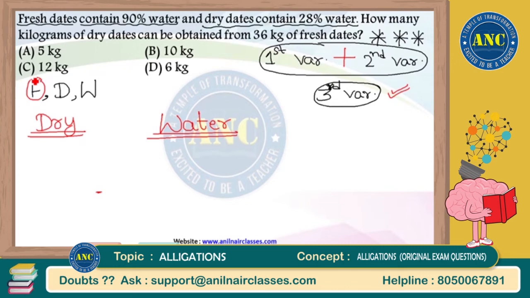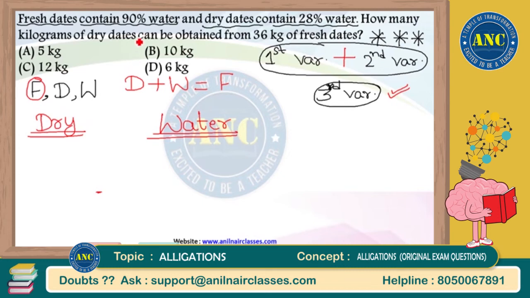And some day, after so much effort and patience, that dry land will become fresh land, which is called cultivating land. I hope you are understanding the language, sir. So, dry dates coupled with water will give me the resultant as fresh dates. That means the resultant should be fresh dates.